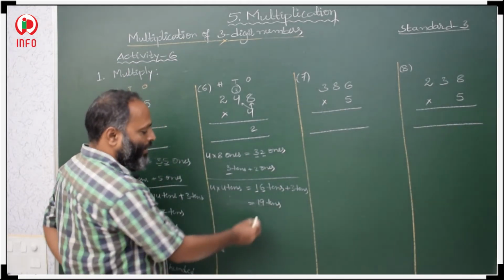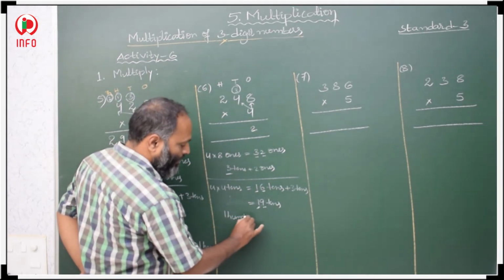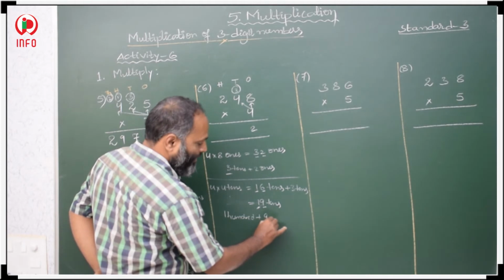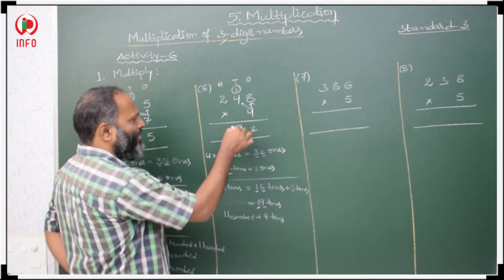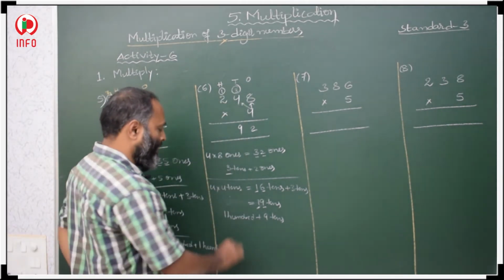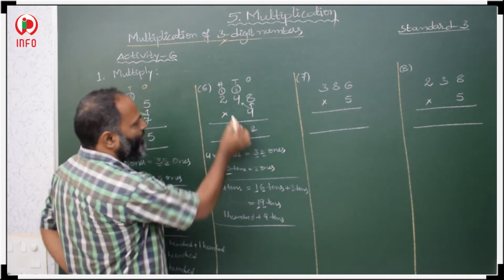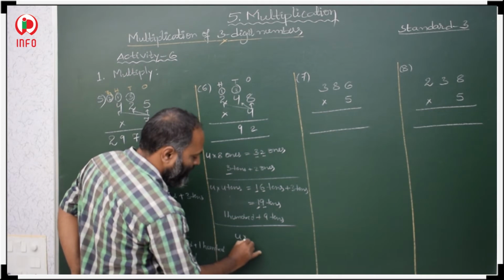It means 9 tens and 100. 9 in tens place, 1 carry over on hundreds place. Then tens is over. Now we have to multiply with hundreds. 4 into 2 hundreds.